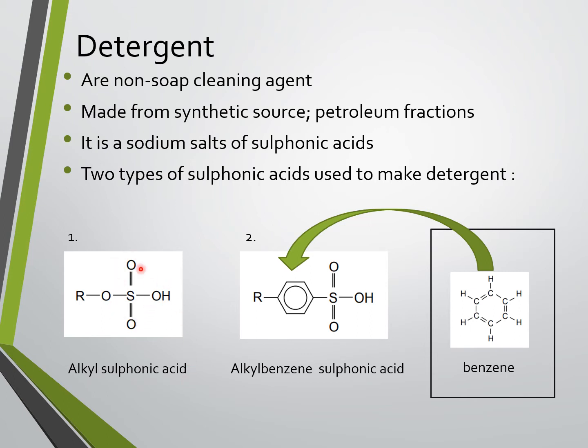Just see the formula, SO3H. So the sulfur will be surrounded by the oxygen. Just remember the structure, and we have H here, and alkyl benzene sulfonic acid. For alkyl benzene, we have those bolt and nut here.